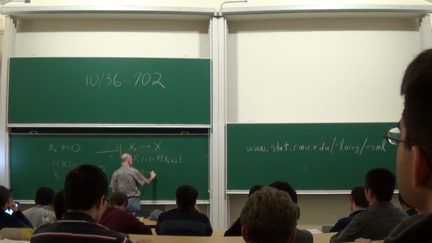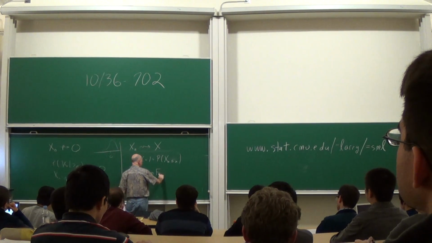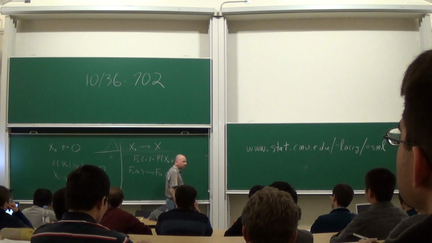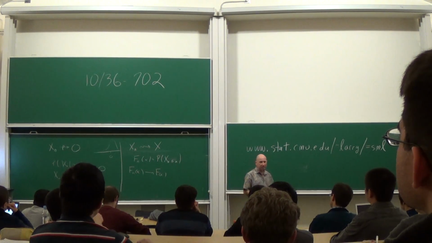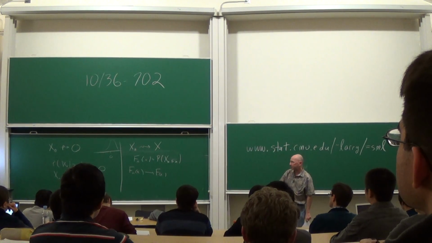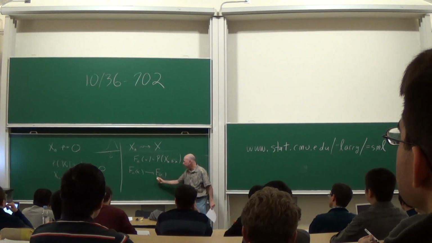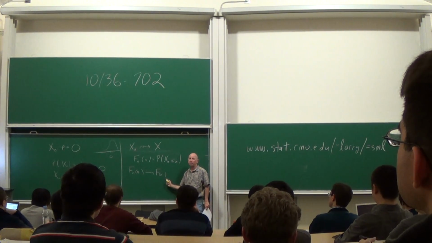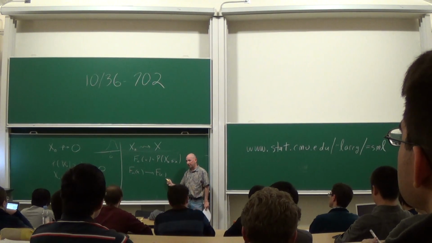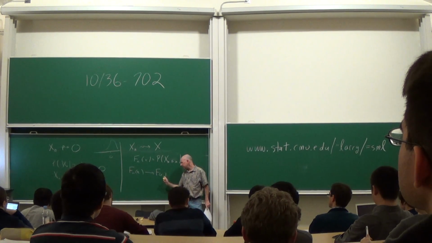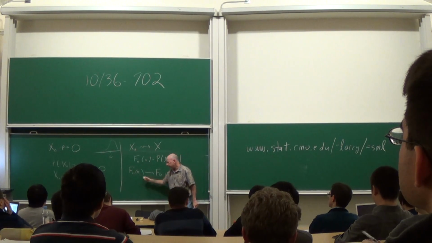this converges to this as n goes to infinity, but not at each x. Do you remember where it converges? At each point at which this is continuous. If there's a jump, we don't require convergence there. Technical reasons. But at each continuity point it converges.